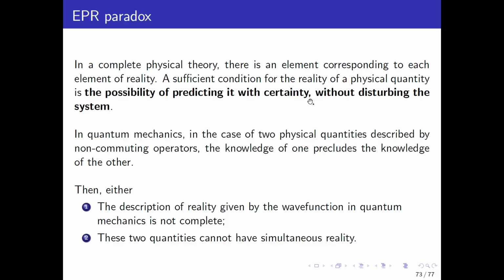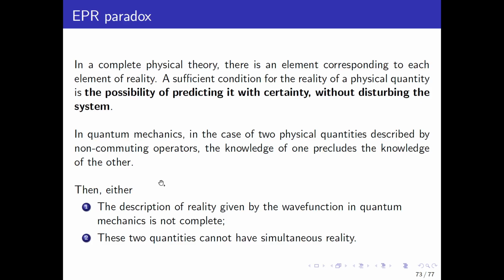But we also know that in quantum mechanics, if you have two non-commuting operators, then when you know one property, the other will be disturbed. So from the EPR paradox, either your quantum theory is not complete, or you cannot have a simultaneous reality when you have non-commuting operators.